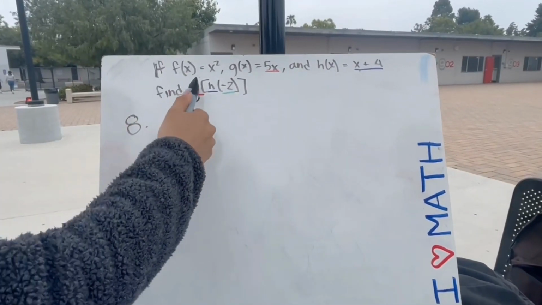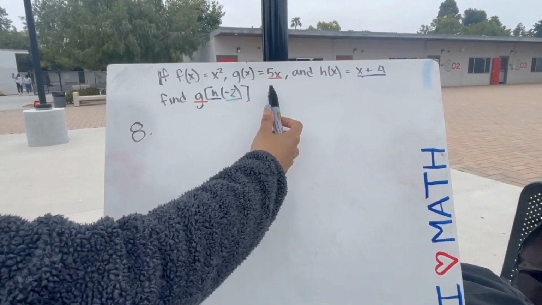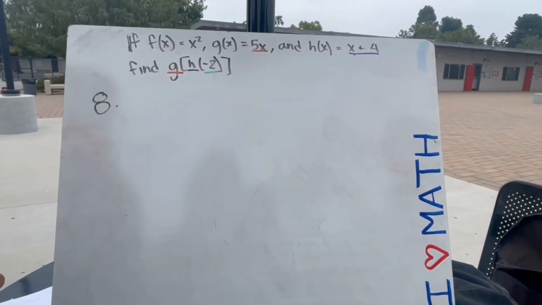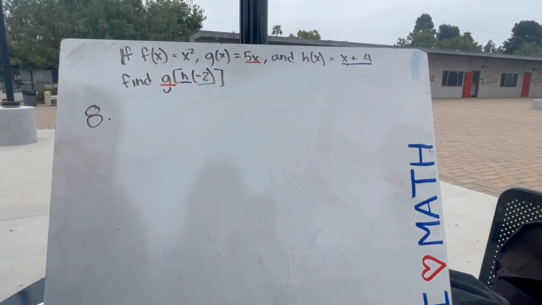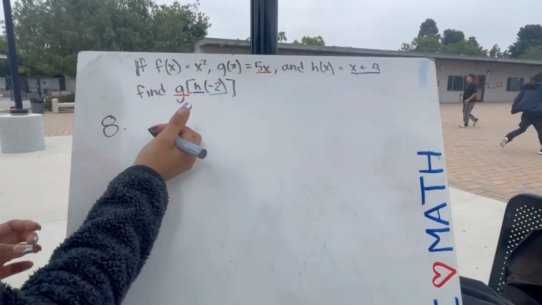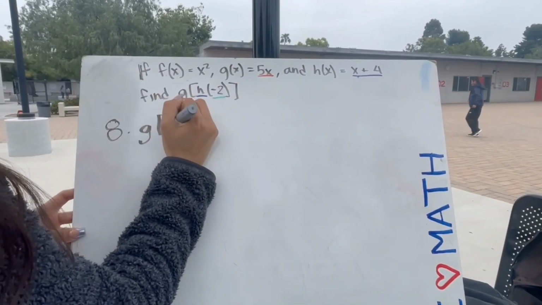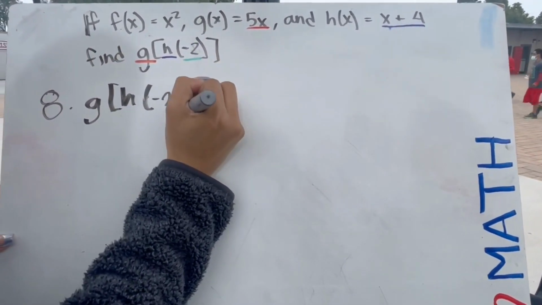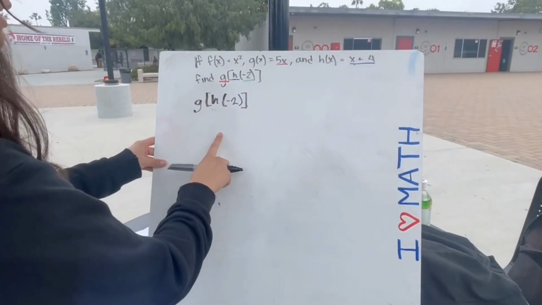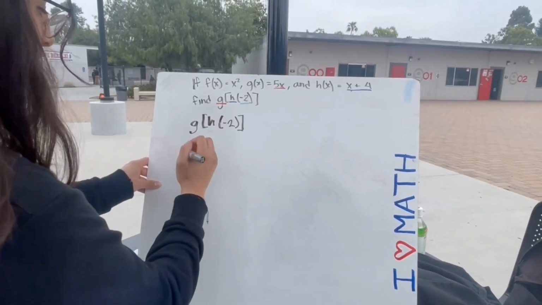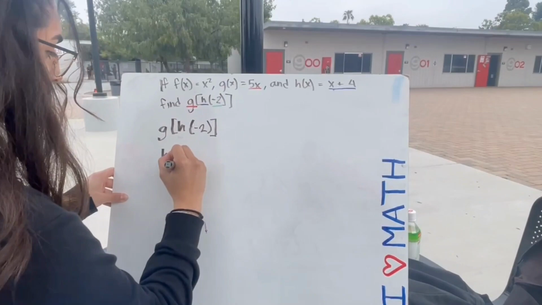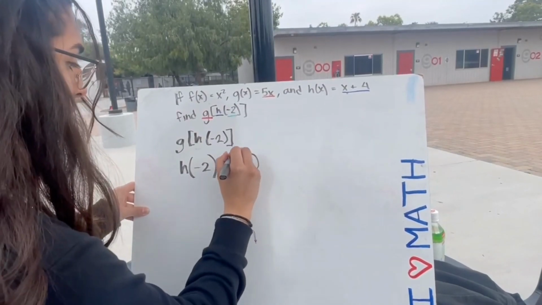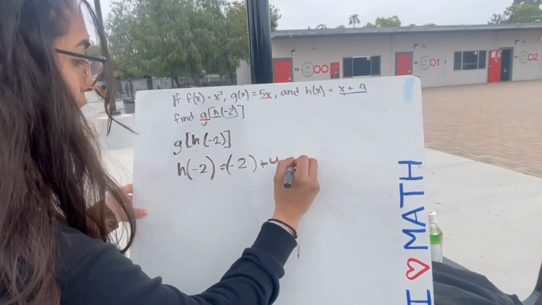If f of x equals x squared, g of x equals 5x, and h of x equals x plus 4, find g of h of negative 2. So to begin, we're going to write g of h in brackets, with negative 2. Okay, so the next step would be doing the inside of the bracket, which would be h of negative 2 equals negative 2 plus 4, and that would equal 2.